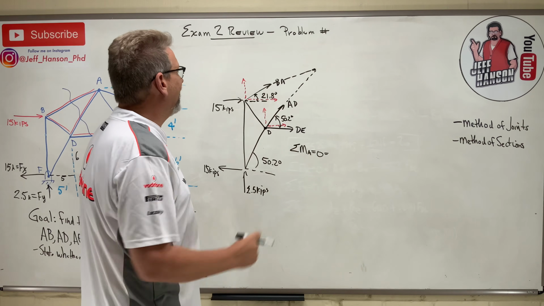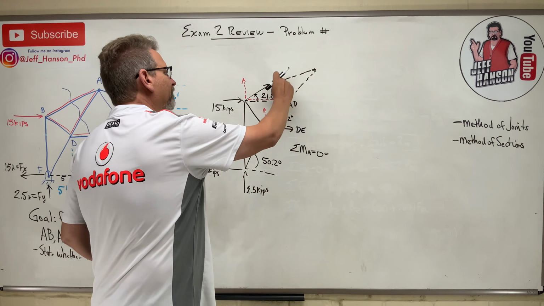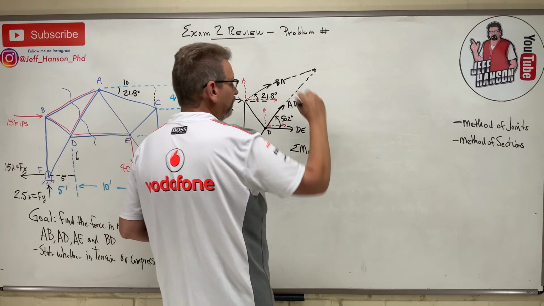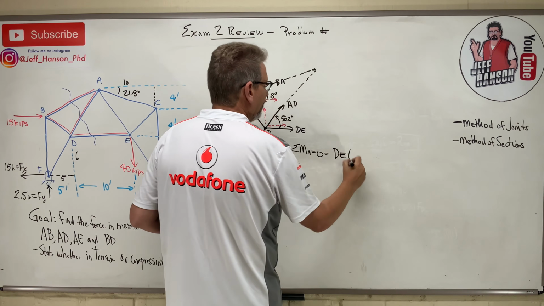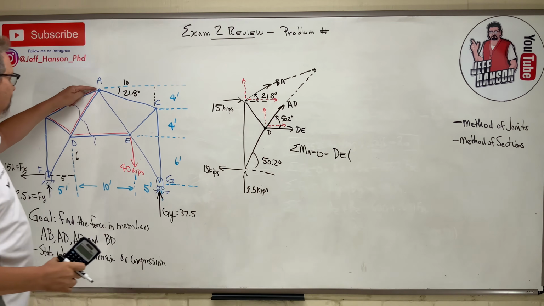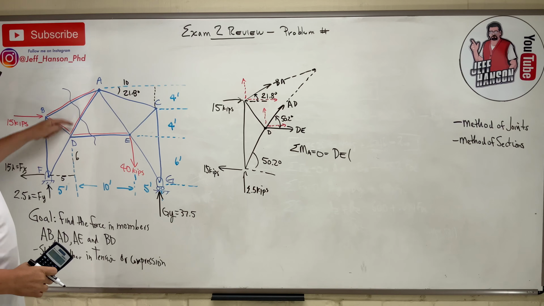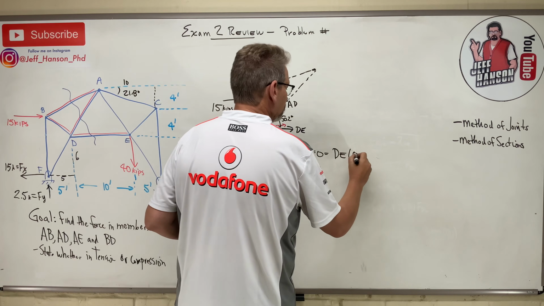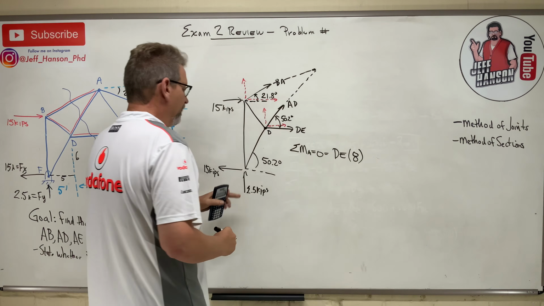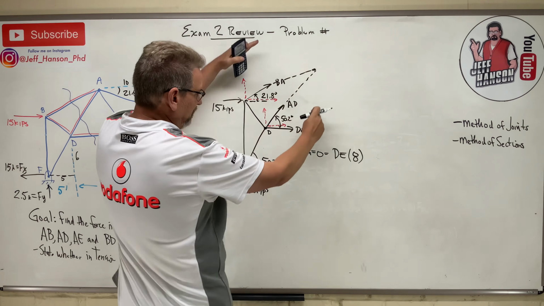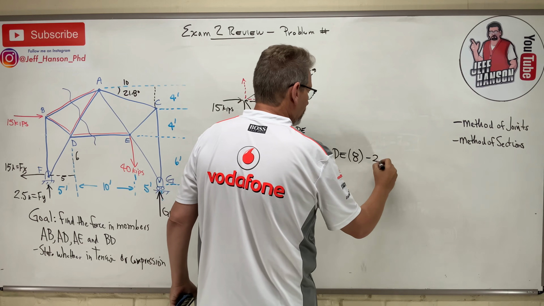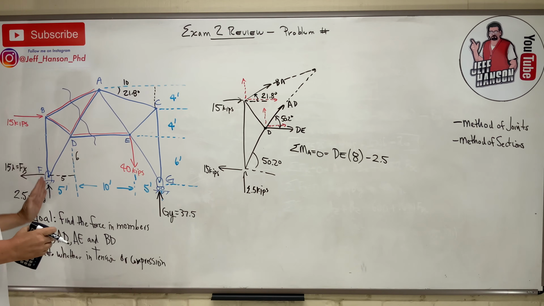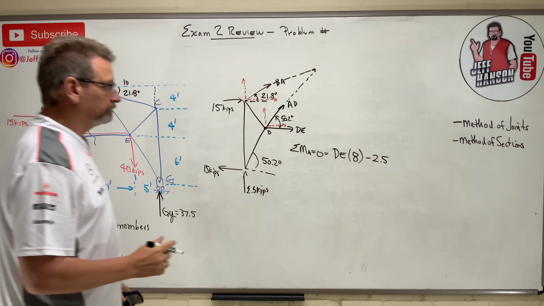When you take the moment at A up here at the top, that's gone, it leaves DE, which rotates me positive, times how far is it from A down to D? This distance here is 8. And then I got the 2.5 that rotates me negative, and how far is that from point A to E? It's 10.